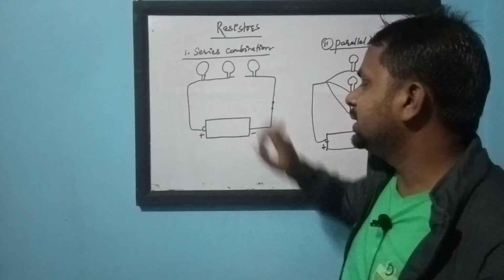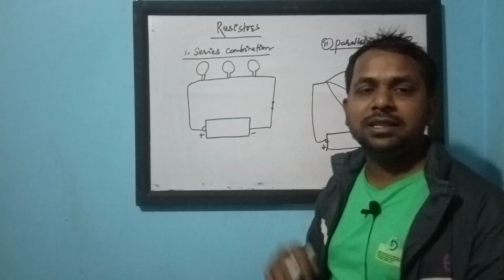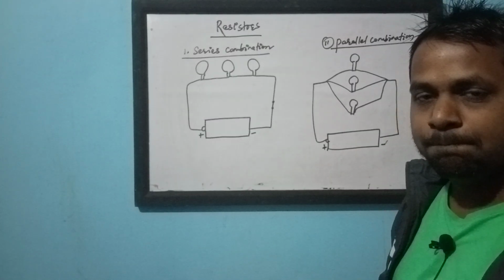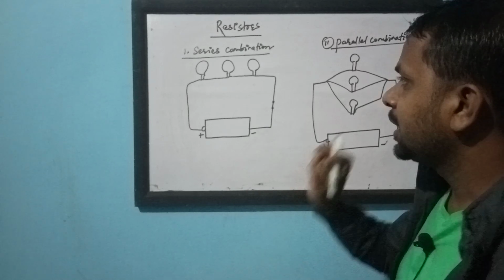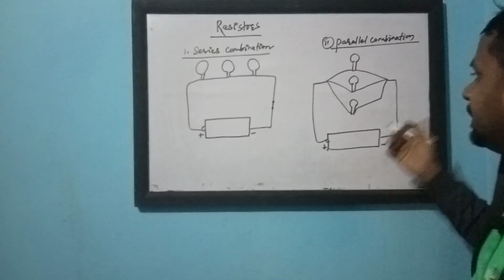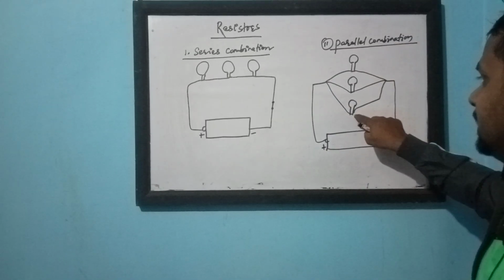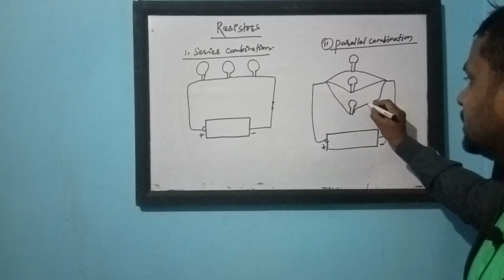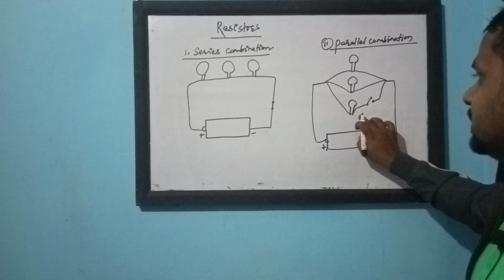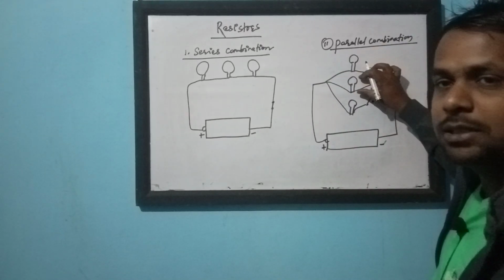What I wanted to say is that we cannot use a separate switch for a separate instrument in the series combination. But in parallel combination, we can use a separate switch for a separate instrument. For example, here we can use one switch. If we are switching off this instrument, the other instruments will continue to run.